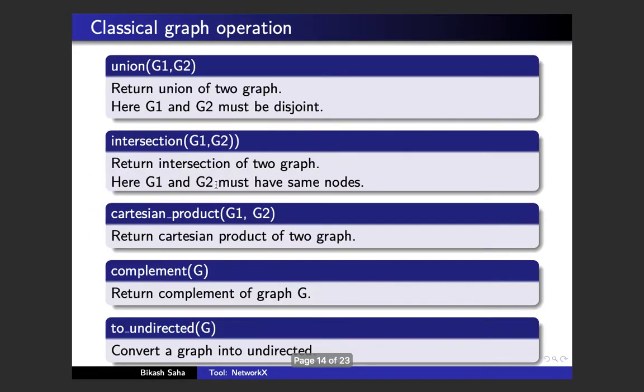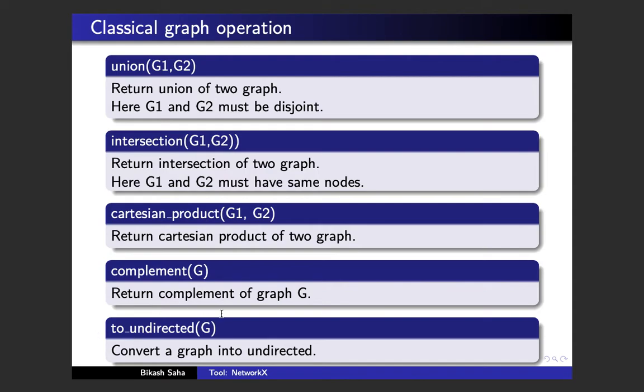Now some classical graph operations. We can find the union of two graphs, the intersection, the Cartesian product of two graphs, and we can find the complement of a graph, and we can convert a directed graph into an undirected graph.